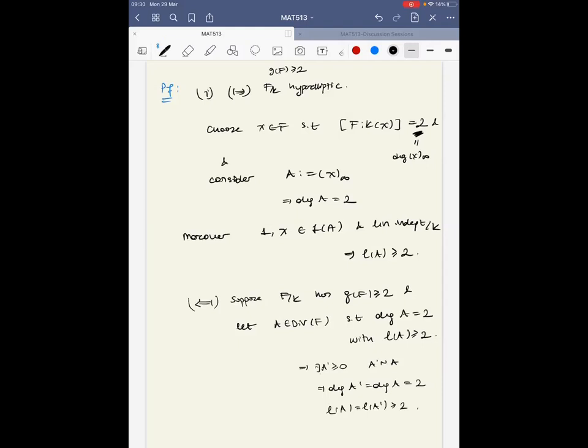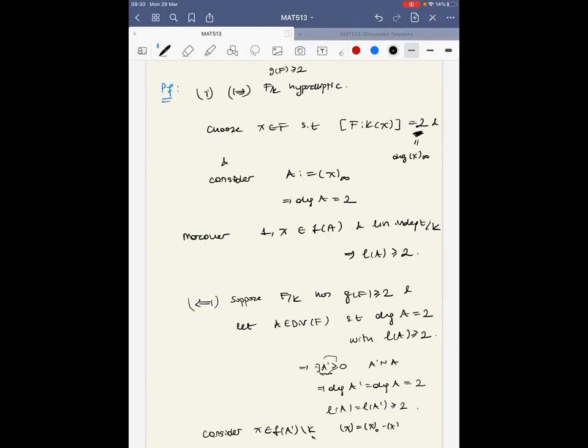And with respect to this effective divisor, we can consider a function inside of its Riemann-Roch space, which is not constant.